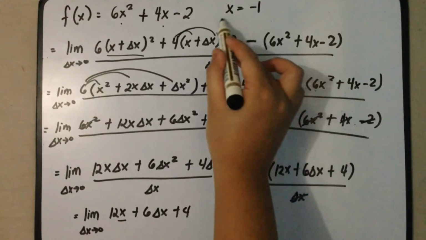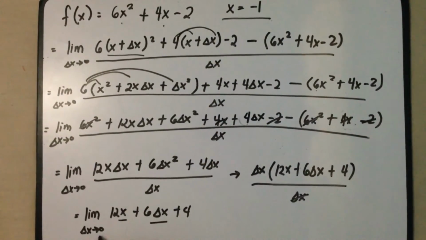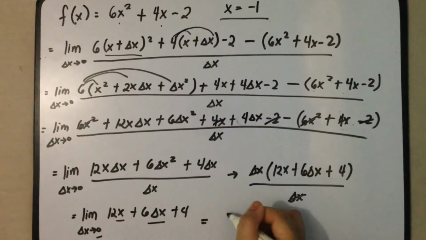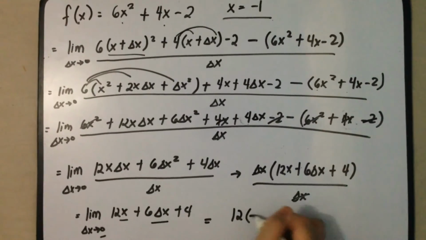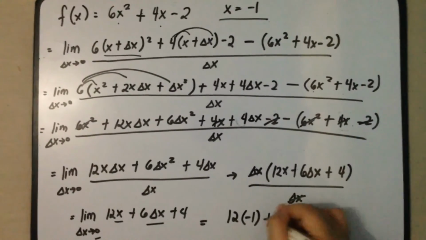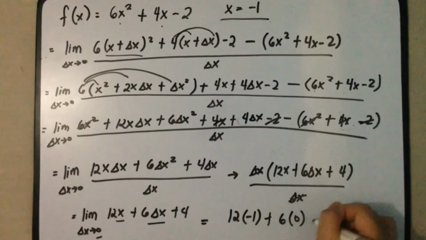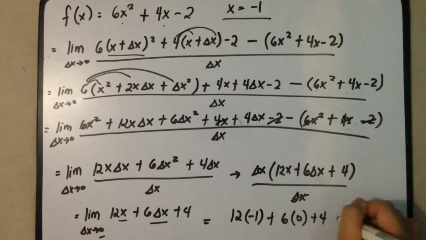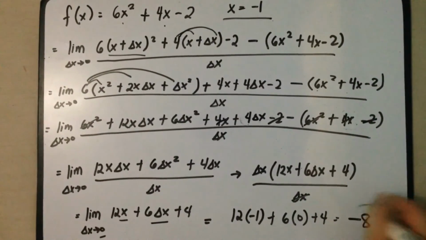So we know that x is equal to negative 1 and delta x is equal to 0. So we'll just substitute them. So 12 times negative 1 plus 6 times 0 plus 4, and we will get the answer negative 8.